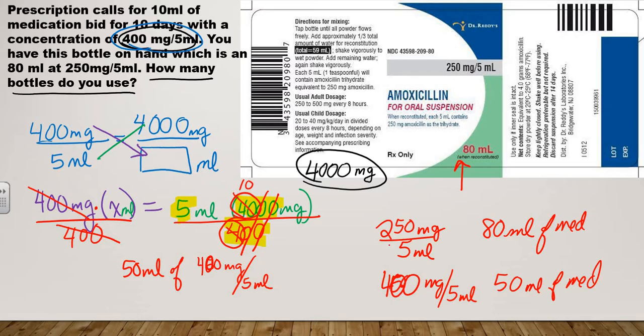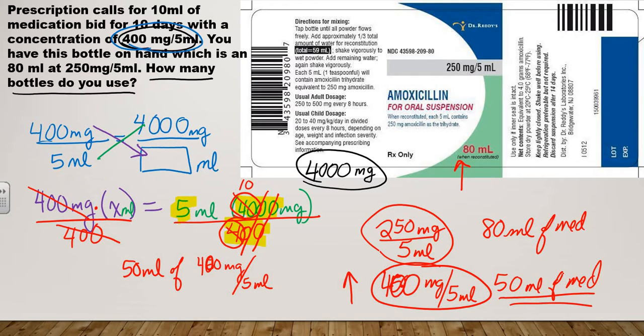Now, just logically, this is a higher concentration than this. There's more stuff here. So because it's a higher concentration, I'm going to get less liquid out of it because there's more stuff. The higher the concentration, the less the liquid. So you just double check your numbers. Now we've established that this bottle will give us 50 milliliters of medication at this concentration that you want.